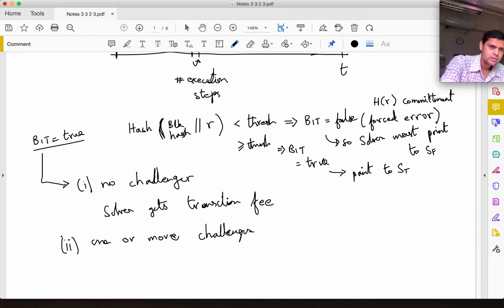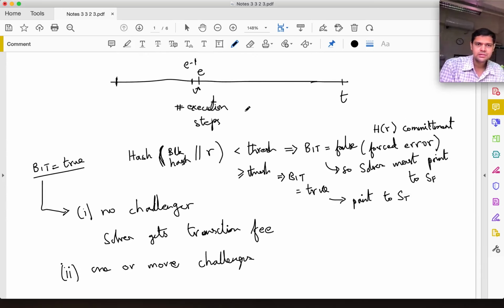We'll have to play some game like this. We said that we're going to take the challengers one by one and have a competition with the solver, and find out who's going to win this game. Suppose the solver goes correctly from e minus 1 to e, then he wins. But if the verifier goes from e minus 1 to e, then the verifier wins.